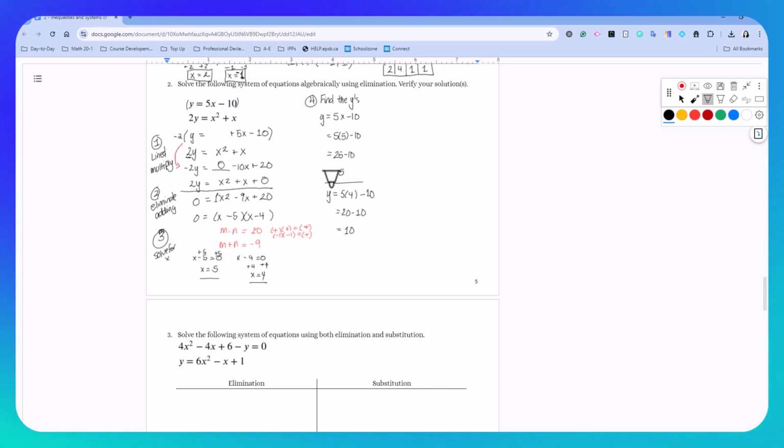So now I have my two solutions. I have 5 and 15, and the other one is 4 and 10. So these are the two solutions. Well, let's verify.